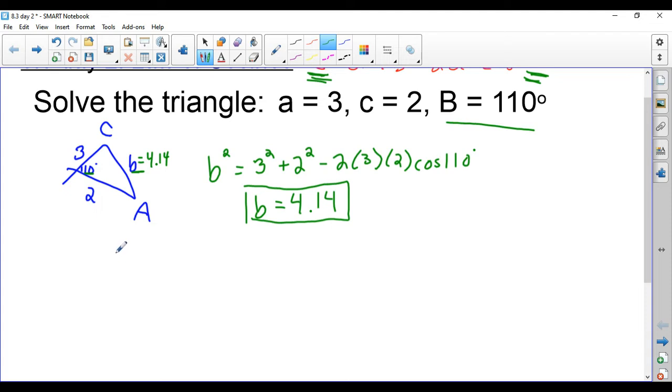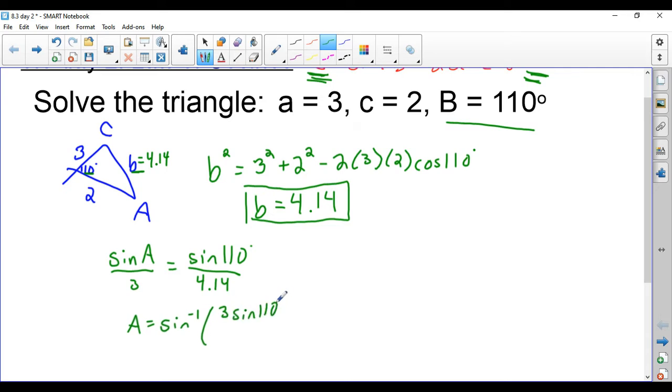So here, if I want to find angle A, for example, I would say sine of A over 3 equals sine of 110 over b, which is 4.14. And then I would solve this the way that we normally do, and A will end up being the inverse sine of 3 sine 110 divided by 4.14, and angle A ends up being 42.92 degrees.